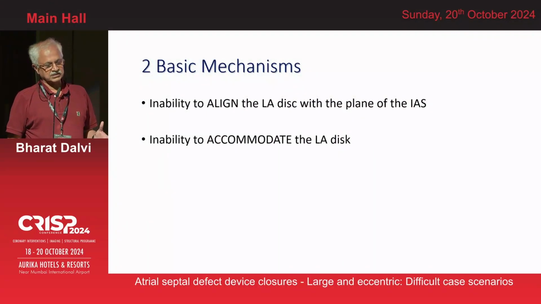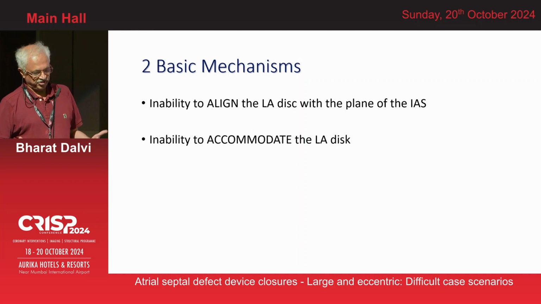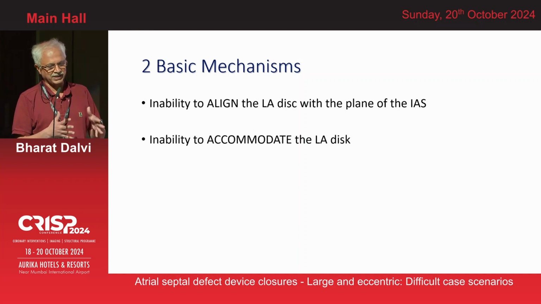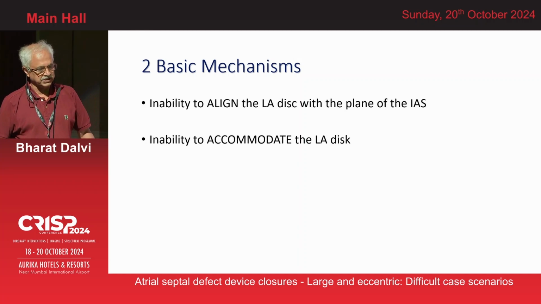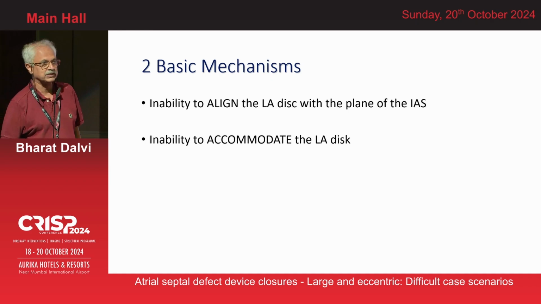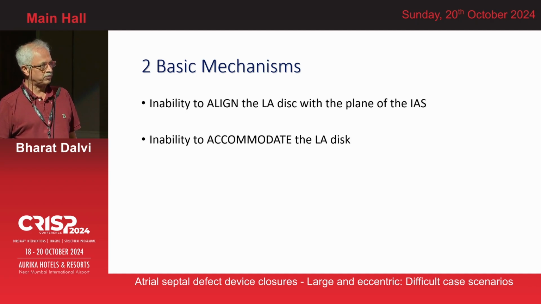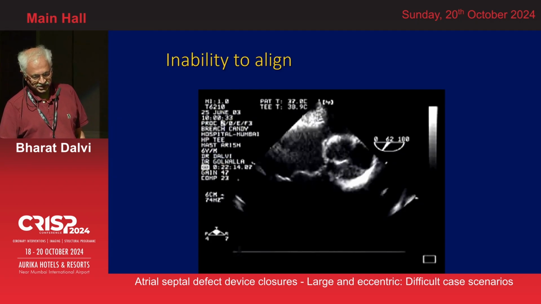Now, if you ask me what are the basic mechanisms why we fail, there are two. One is the inability to align the left atrial disc with the plane of the interatrial septum. And in children with large ASDs, it is predominantly the inability to accommodate the opened left atrial disc, which then secondarily results in malalignment, and the device tends to fall across the defect into the right atrium.